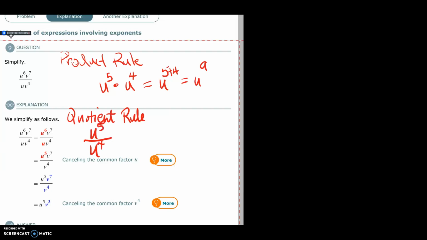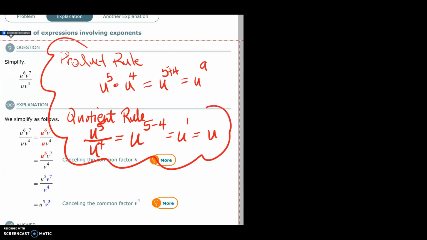To simplify, your base would stay the same, but instead of adding the powers, because this is the quotient rule, you would subtract them. So you would get u to the first, which is just u. Okay, so that's technically the rule, and those two rules you need to know.